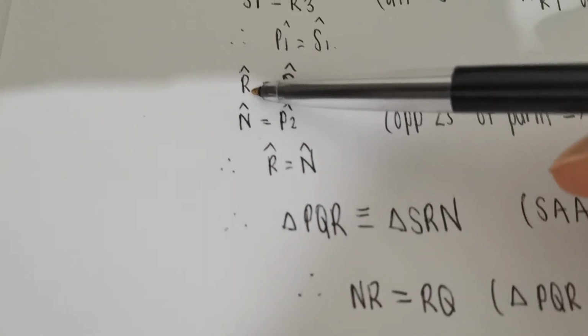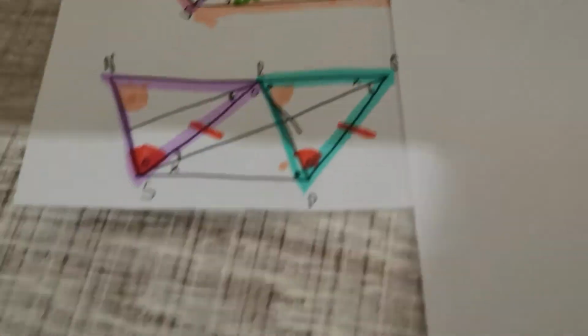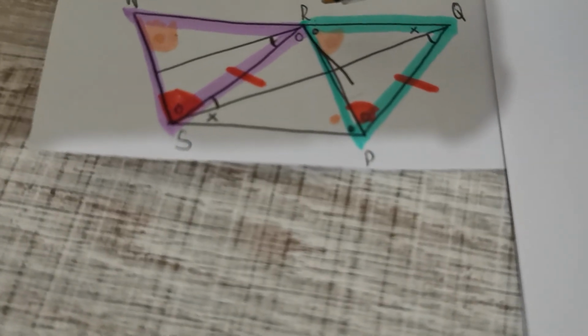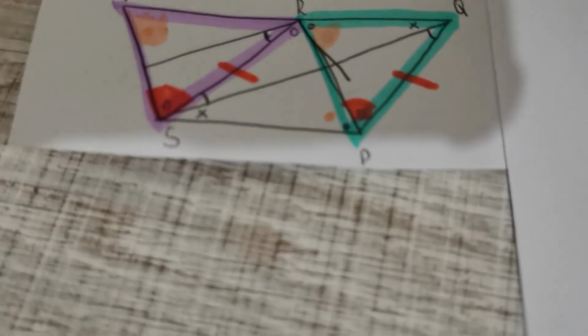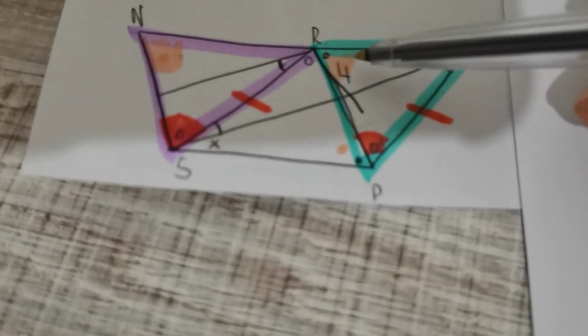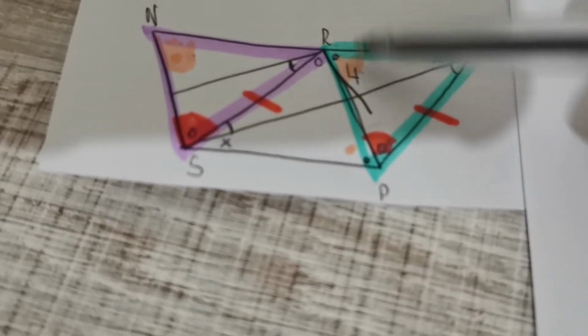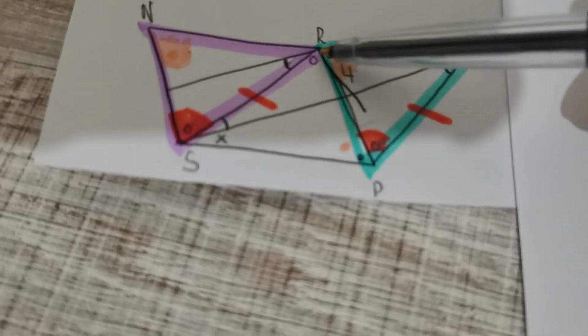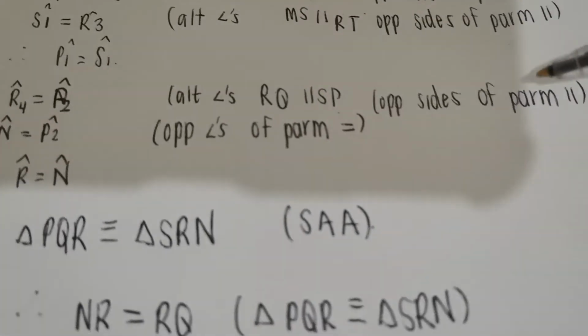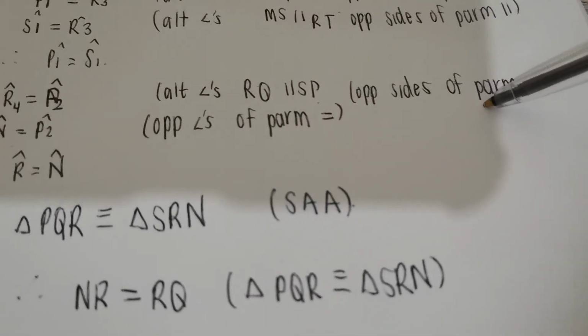I said angle R equals angle P2. No, this angle R over here, which was angle R4, let me fill that in there. R4 equals angle P2, which is this one over here, right? And this was again because of the Z. I listed down which lines are parallel, how I know that they are parallel.